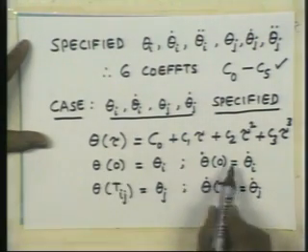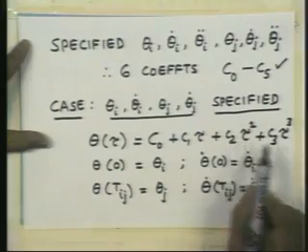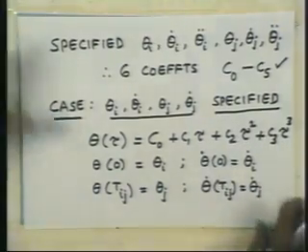Okay. So, we have 4 constraints and the 4 coefficients C0, C1, C2, C3 to be determined, which is readily done.